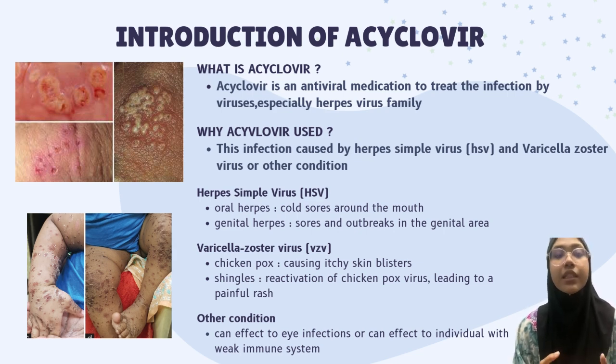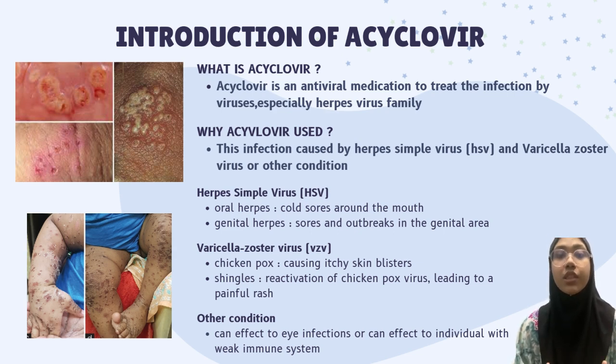Genital herpes involves sores and outbreaks in the genital area, which can be painful and uncomfortable. Second is varicella zoster virus (VZV). This virus is responsible for chickenpox, a common childhood illness that causes itchy, fluid-filled blisters on the skin. Shingles is the reactivation of the chickenpox virus in later life, leading to a painful rash or other conditions.